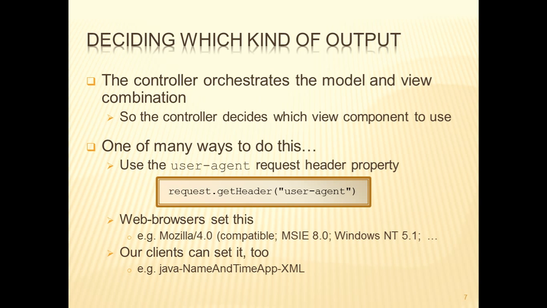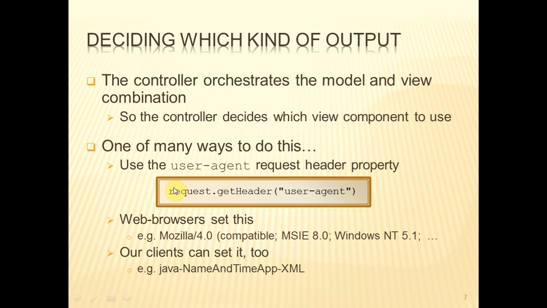So the controller has to orchestrate the combination of model and view components. What the controller has to do, dependent on the client type, is work out which view to use. And there are various ways in which this can be done. One of the ways is to use a property on the request header for the HTTP request that is called user agent.